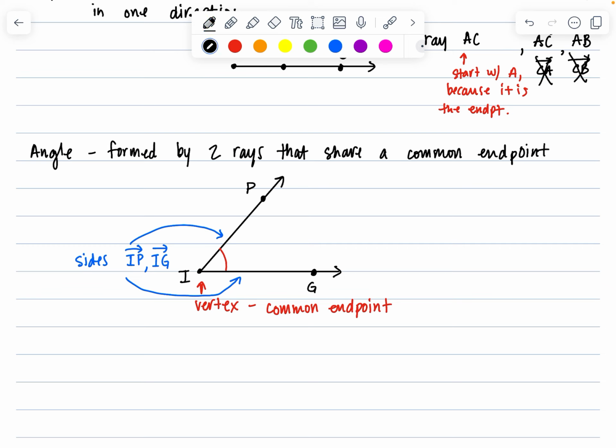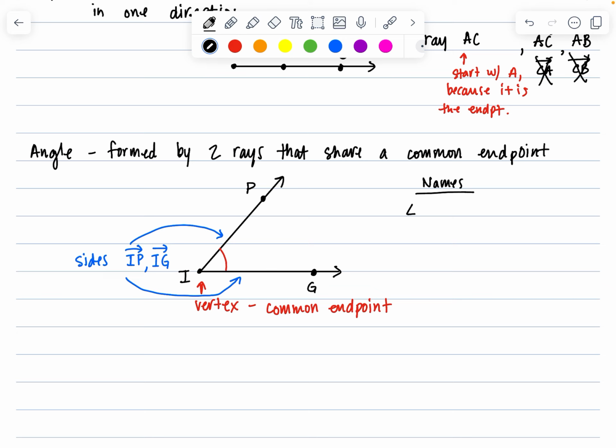And then we actually have the names of them. So I'm going to put the names. We can name this angle a number of different ways, okay? Angles are typically named with 3 letters. And it's very, very important what that middle letter is because the middle letter has to be the vertex.